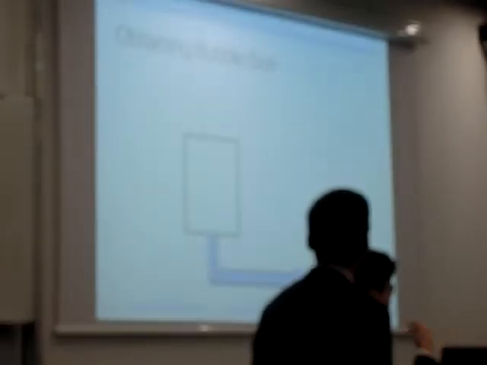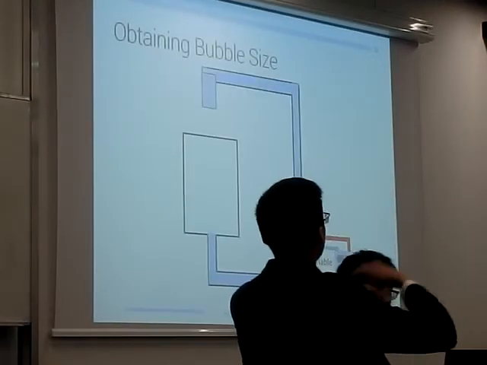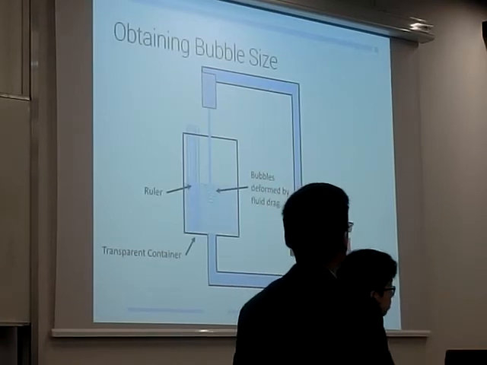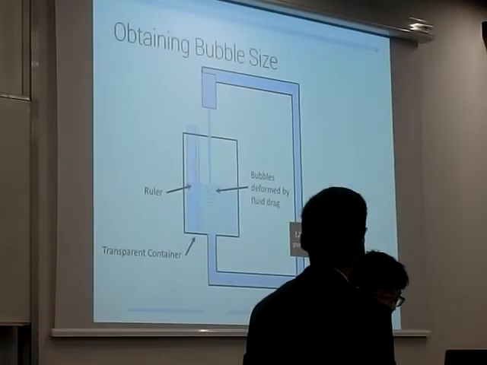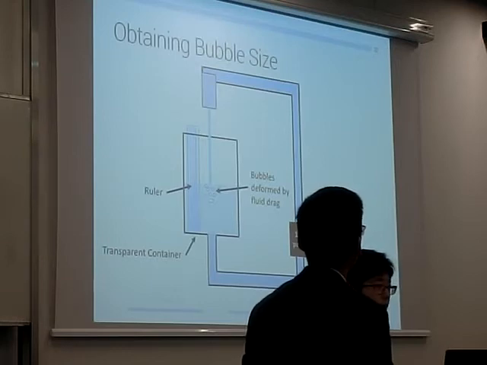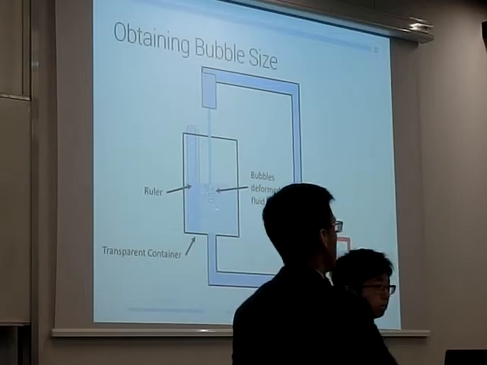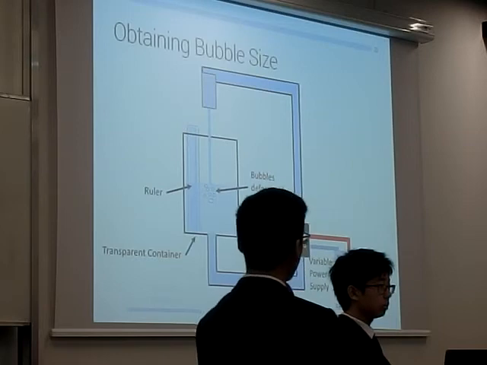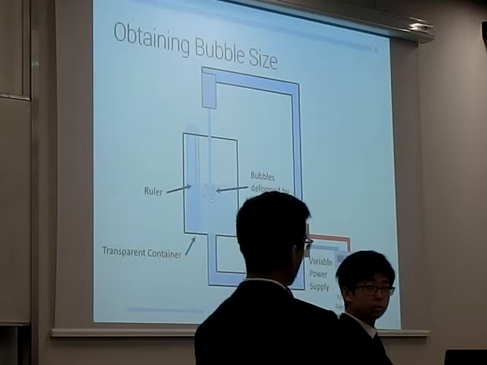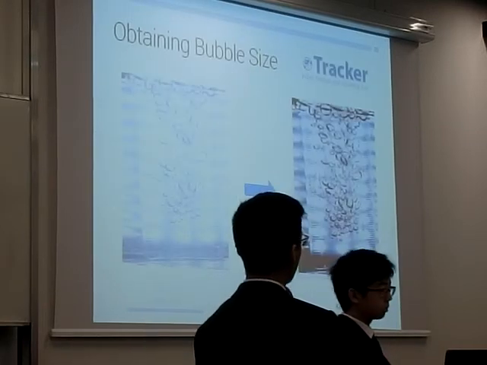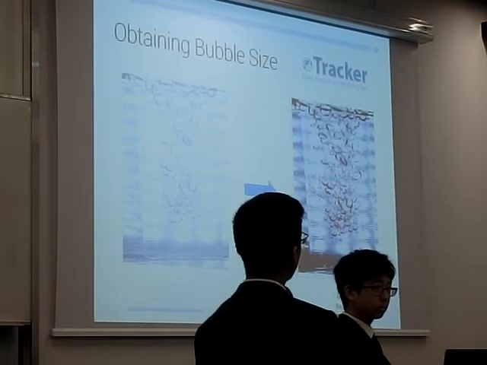And obtaining our bubble size. Of course, I tried many ways to obtain the bubble size for our experiment, but in the end, I just decided to empirically count them all. In order to determine the distribution of the bubbles in my experiment, I devised a new experimental setup where I replaced the bottle with a transparent container, put in a ruler, and obtained the size of each bubble using Tracker, and I gained a distribution.